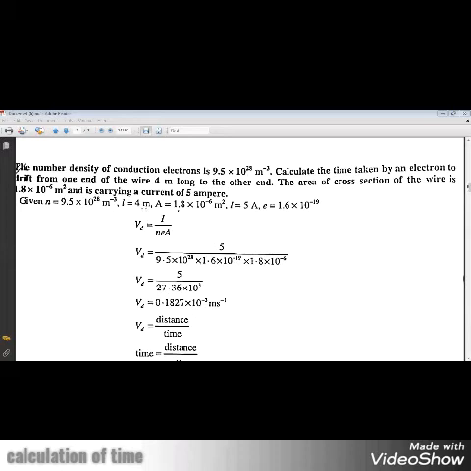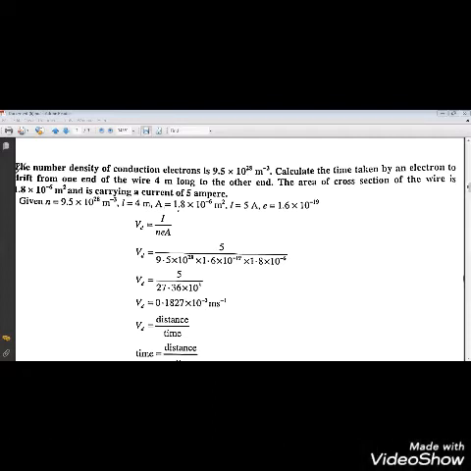The length is L equal to 4 meter, the area of cross section is A equal to 1.8 into 10 to the power of minus 6 meter square, and the current I is 5 ampere. Then the charge is 1.6 into 10 to the power of minus 19.